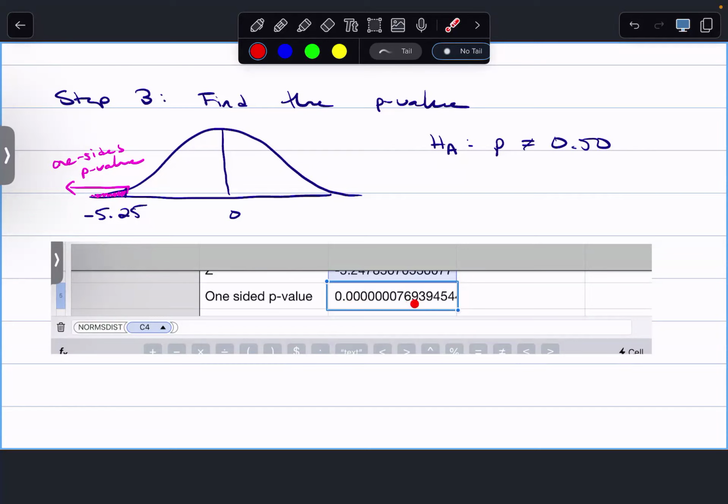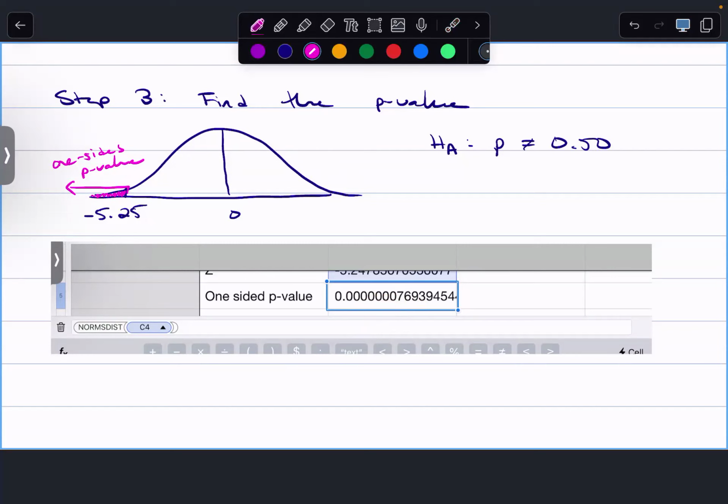So trust your gut and say, well, that feels way too unlikely. Possible, right? There is some probability of that happening, but it's very, very, very small. So then we say, this is definitely less than 0.05. In fact, even when we multiply it by 2, right?